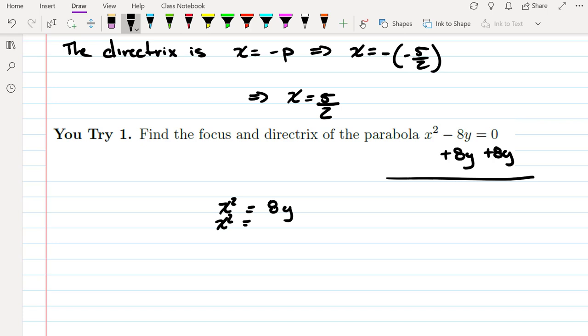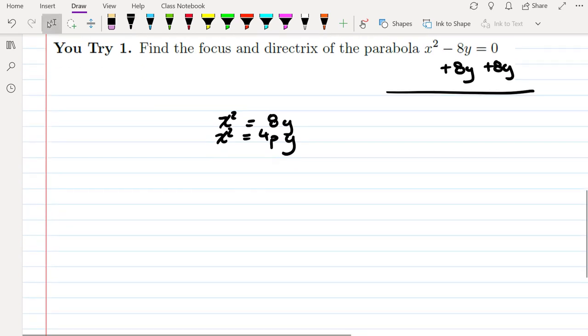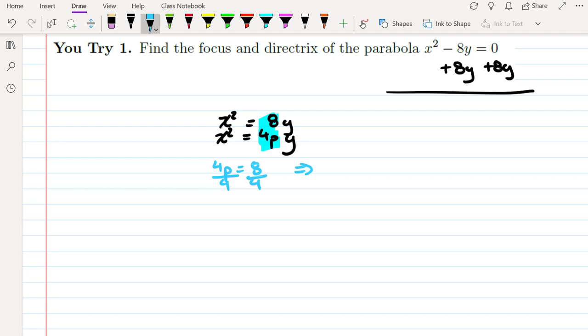We compare that to x squared equals 4py, so 4p has to be the same as 8. We divide by 4, and that gives us that p is equal to 2.